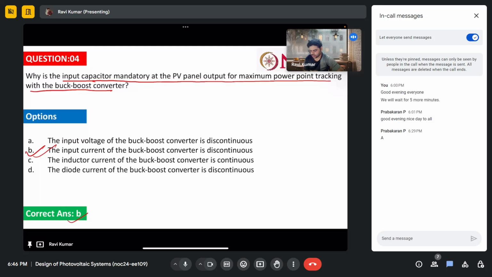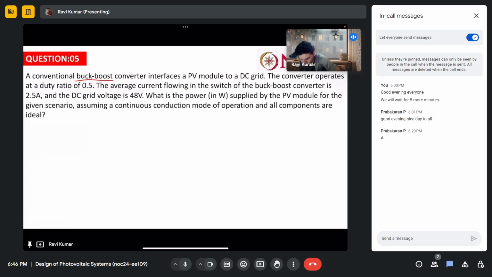Okay, next question, which says a conventional buck boost converter interfaces a PV module to a DC grid. Means we have already a PV module connected with this buck boost converter. The converter operates at a duty ratio 0.5. It means D is given 0.5. The average current flowing in the switch of the buck boost converter is 2.5 A. It means ITAV is given 2.5 ampere.